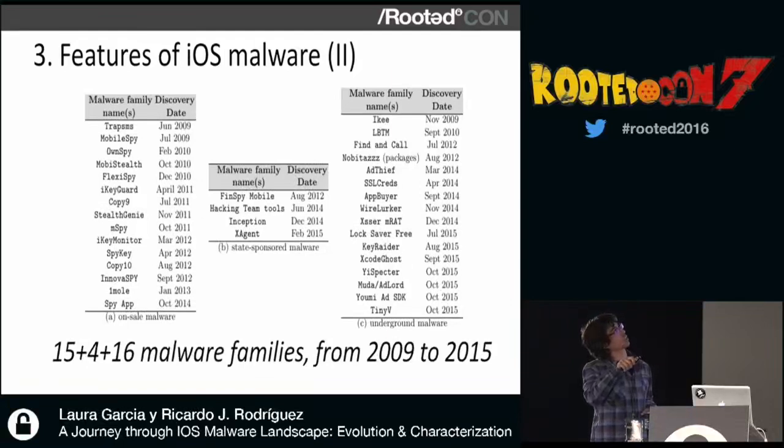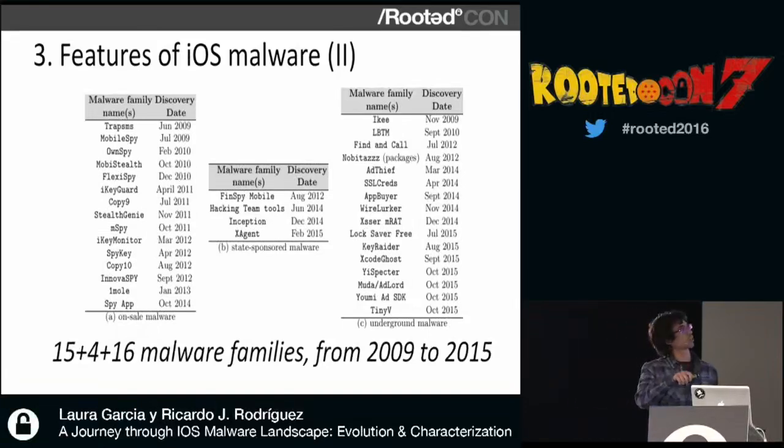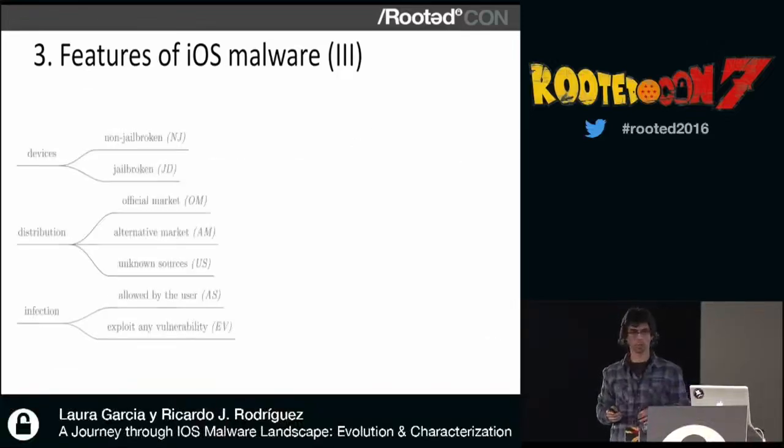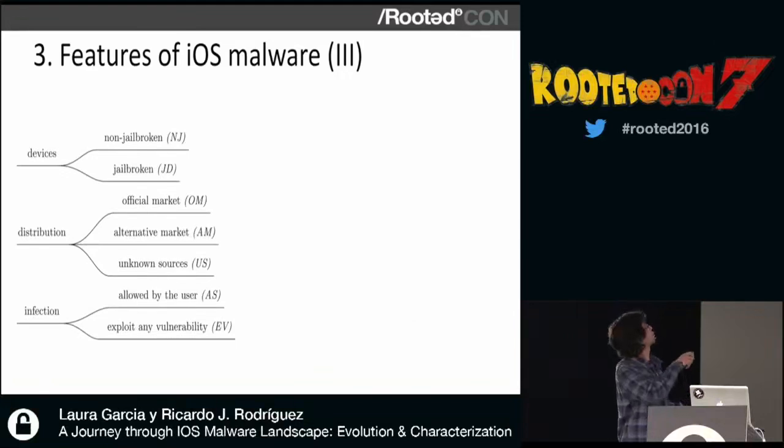I like the most those you can see on the right, underground malware. There's one dated back to November 2009, and there's a bunch of things between 2014 and 2015. All of them were found in October 2015. My goodness. We knew the exact date when it was published, the discovery.